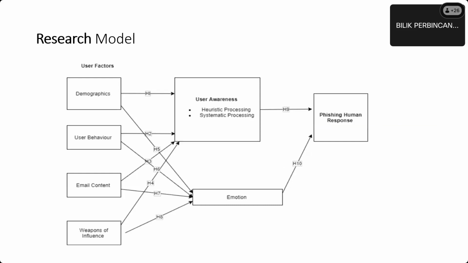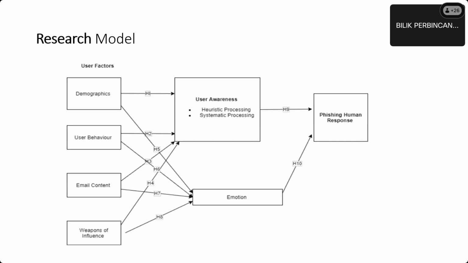So this is the proposed research model, where the independent variable is user factors and the dependent variable is phishing human response. Actually, this framework, or research model, is adapted from the heuristic systematic model, or HSM. It includes three primary variables: user factors, user awareness, and phishing human response.